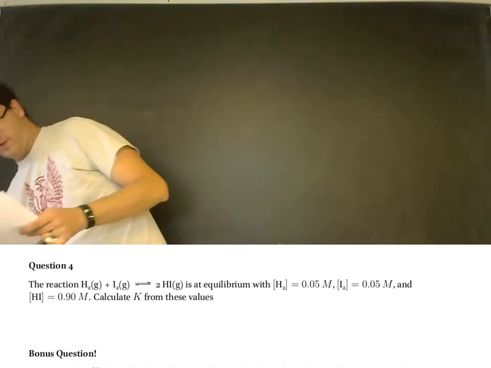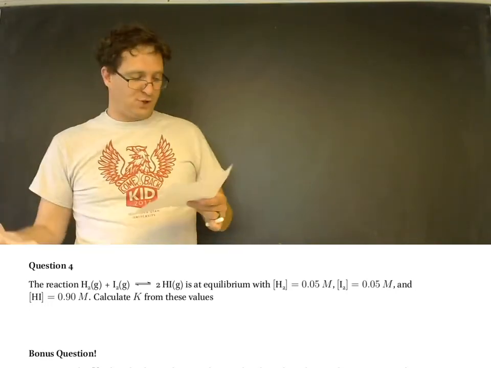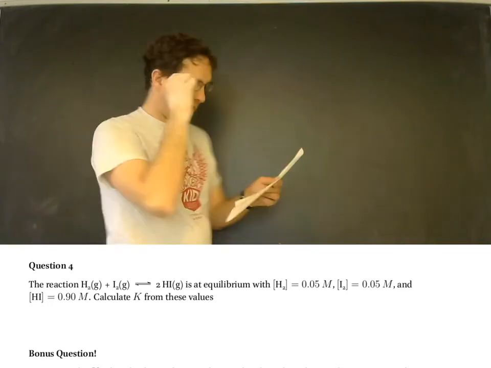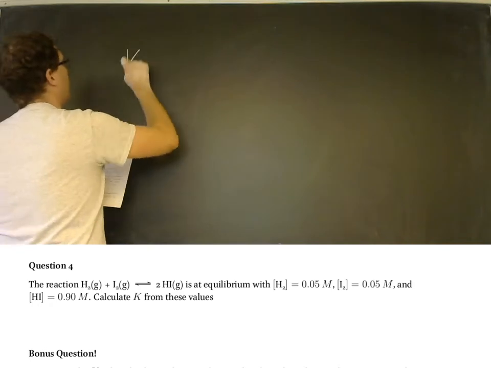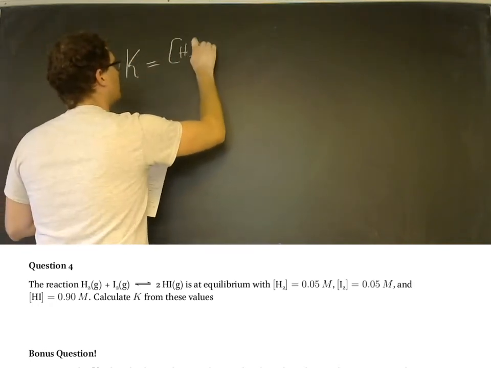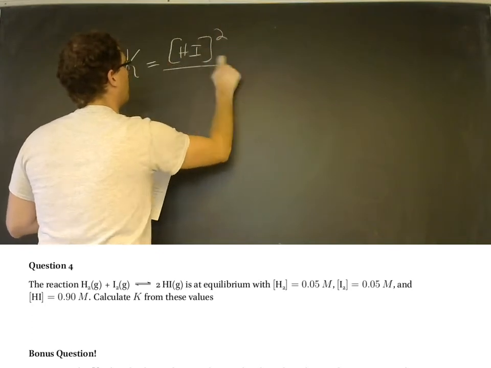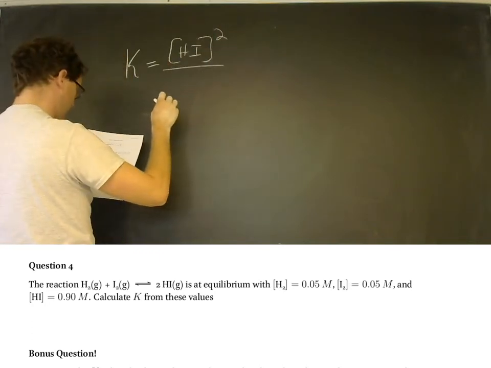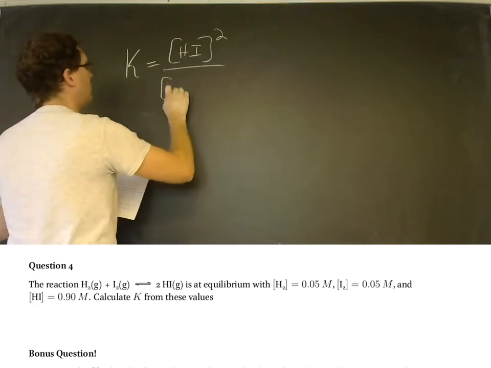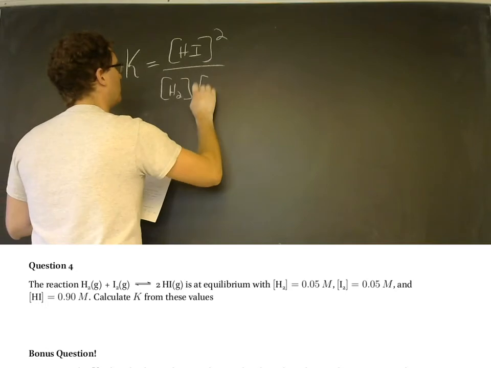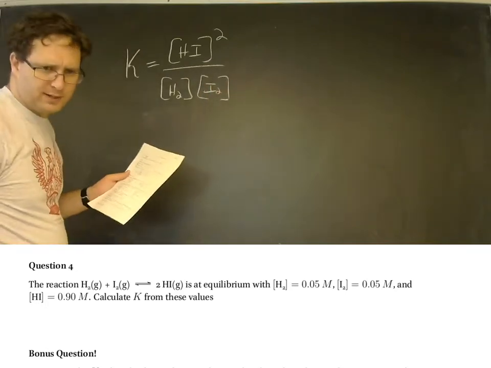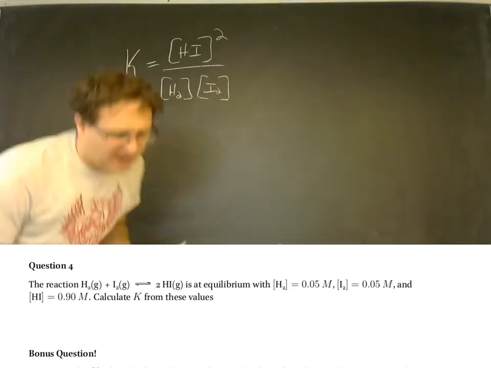Okay, so we have the reaction of H2 plus I2 going to HI, and the equilibrium expression for that would be HI squared over H2 times I2. We can tell that based on the balanced chemical equation.